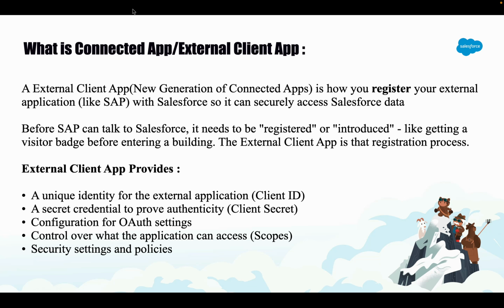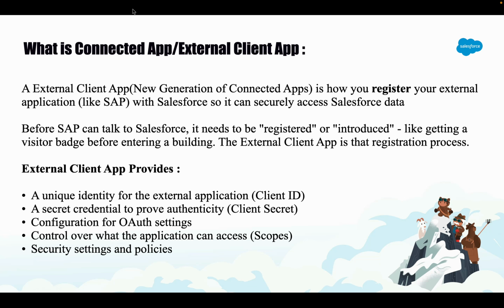In order to be able to communicate, we need to send responses and tokens to the other system. So where do we need to send those things? All of these answers will be provided by the external client app or connected app. A connected app provides you a unique identity for the external application.